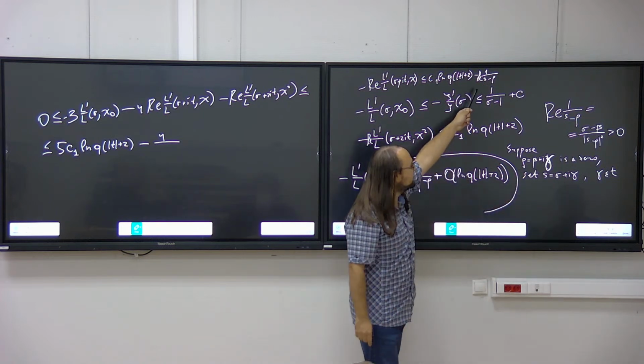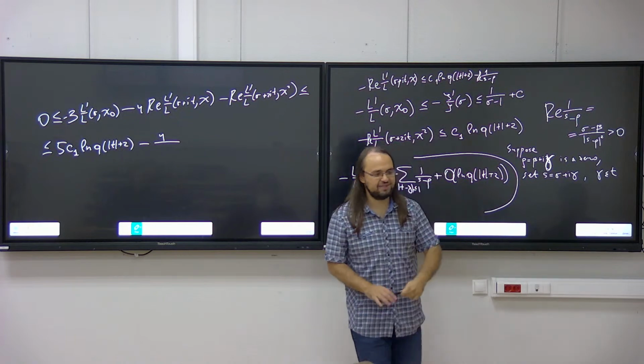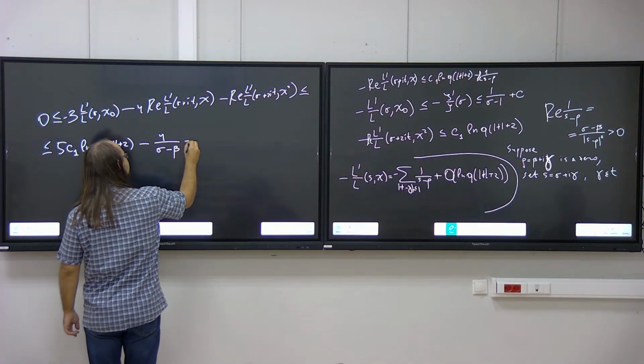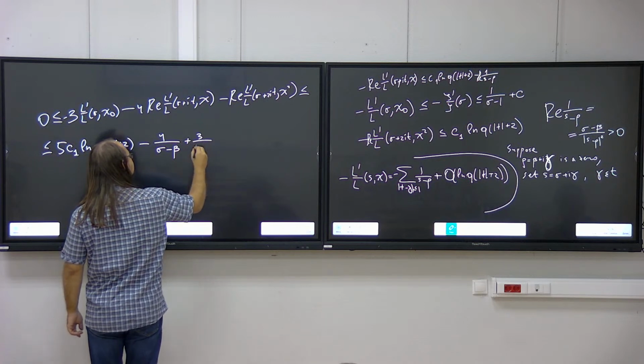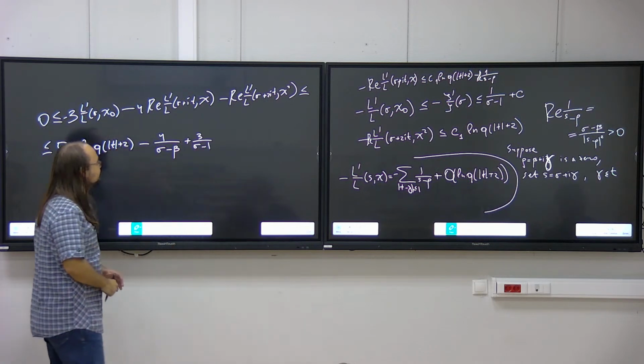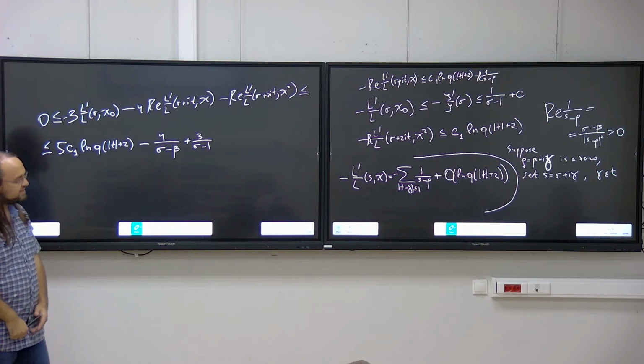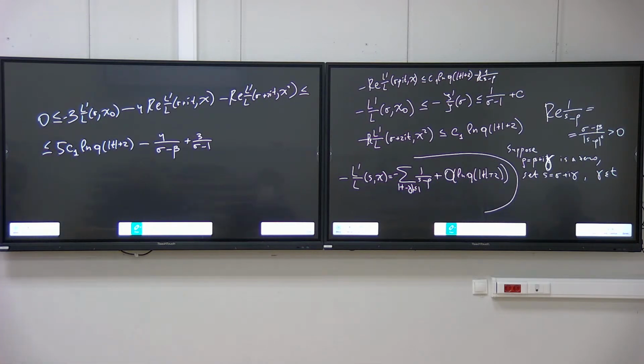So here we have just real numbers: sigma minus beta, minus 4 over sigma minus beta plus 3 over sigma minus 1. Correct?